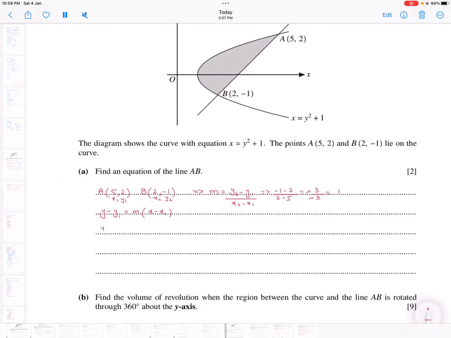I used the coordinates of A. So you write 2 in y and 5 in x. And now simplify it. So your equation is y equals x minus 3.